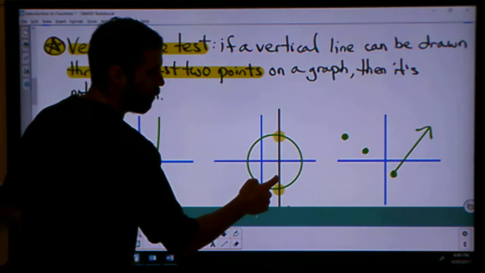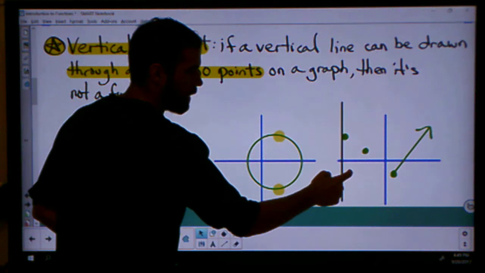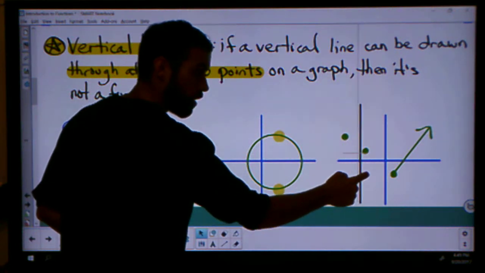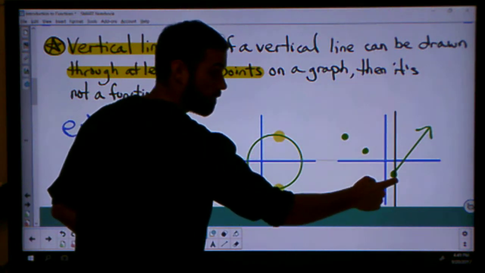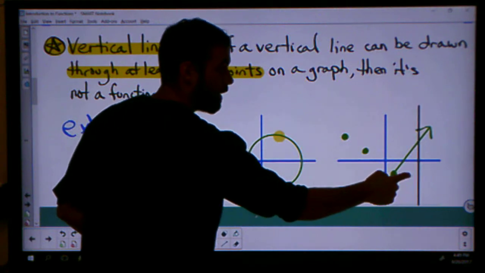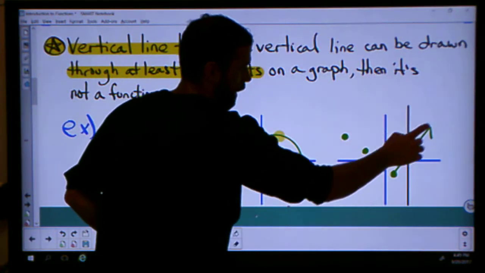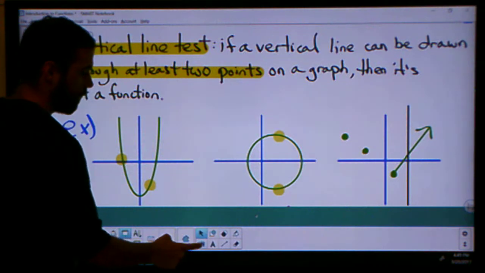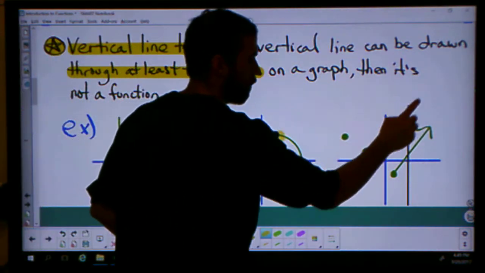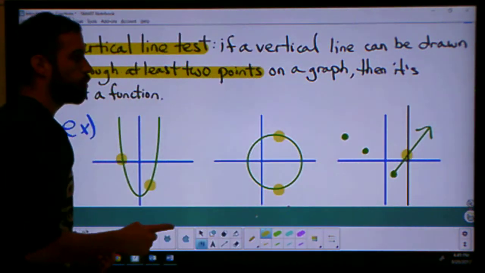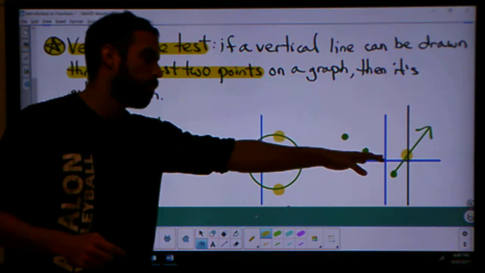The last example, if the vertical line is right here, here, or here, anywhere along this line, this arrow means it goes on forever, by the way. The arrowhead is not part of the function, it just represents it going on forever. This vertical line is only intersecting the graph at one point.